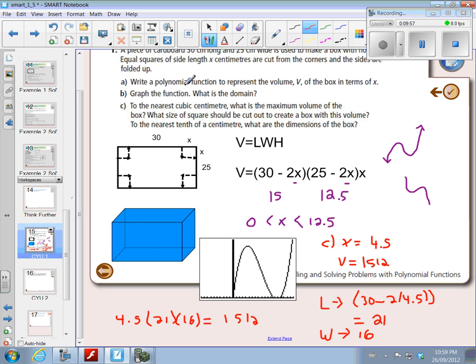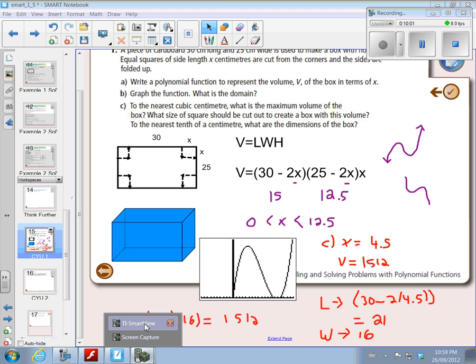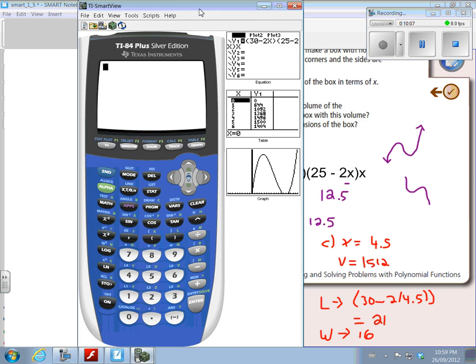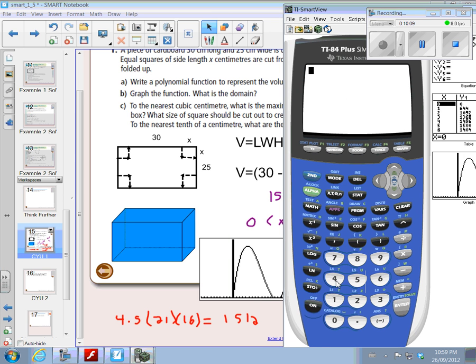Let's just double check to make sure that that is indeed the case. So, here goes nothing. 4.5 times 21 times 16 equals. Well, doesn't that feel good?